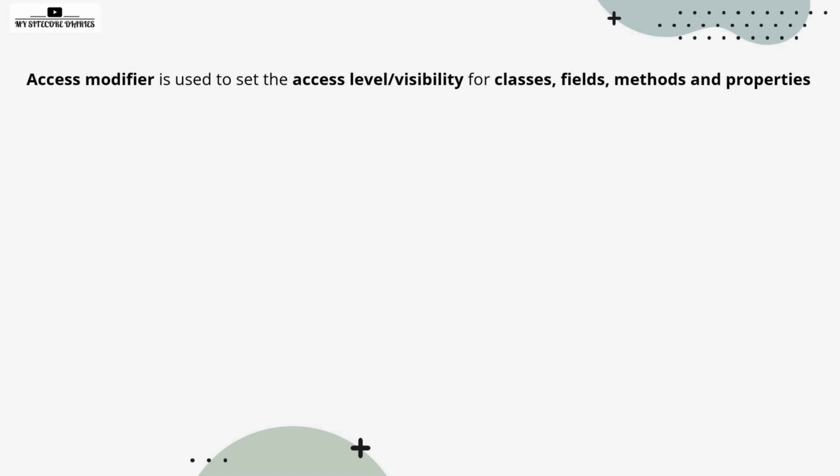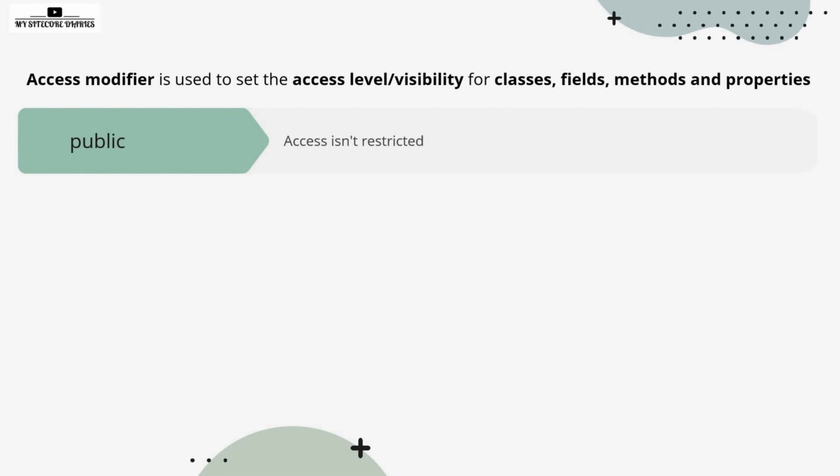In the previous video we have seen what classes are. In upcoming videos, we are going to see what fields, methods and properties are. So the access modifiers are basically the keywords which will help you to set the visibility or the access level on classes, fields, methods and properties. So what are those keywords? What are those access levels?